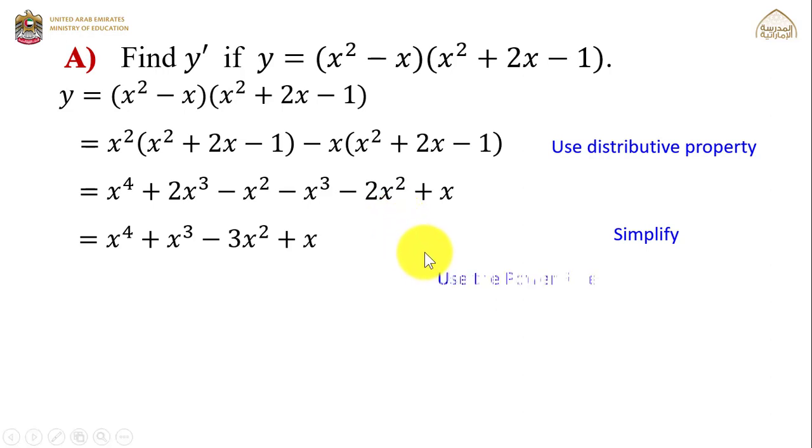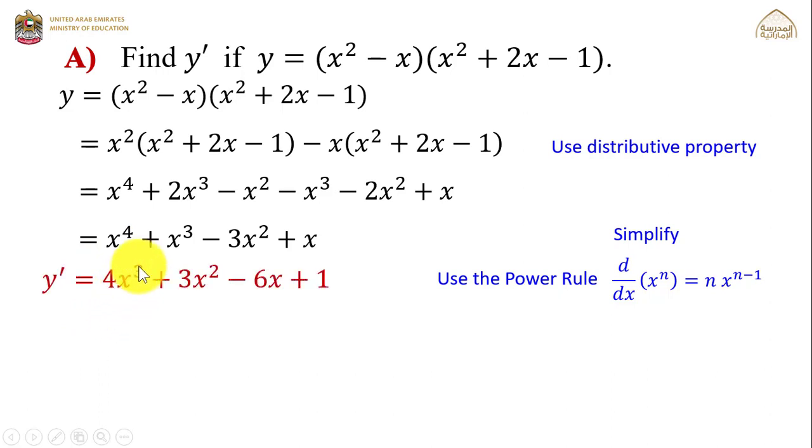Then we can use the power rule, which says d by dx of x to power n equals, bring the exponent as a coefficient, then reduce the power by 1, then we get n times x to power n minus 1. We can apply this rule here: bring the power as the coefficient, then reduce it by 1, equals 4x to power 3.